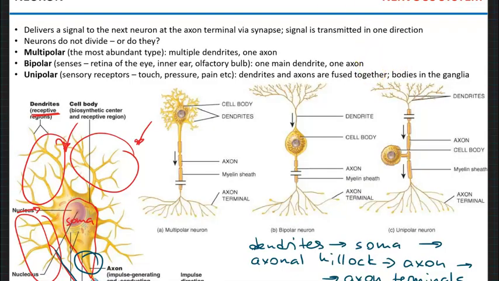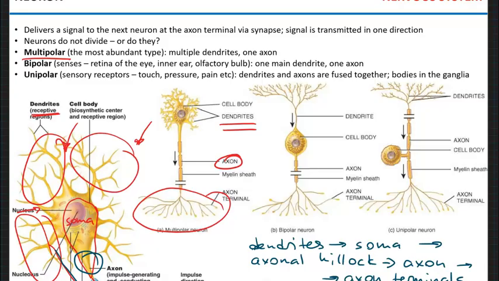Neurons can be of different structural types. The most common are multipolar neurons. You will have a question to match the description of a neuron with its kind. Multipolar neurons have multiple dendrites, one axon, and many axon terminals.